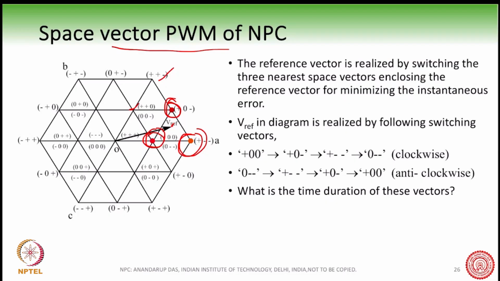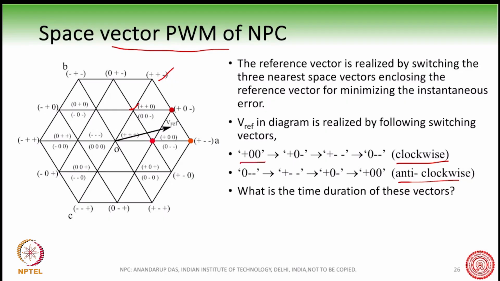So now the question is, suppose you go clockwise or anti-clockwise, like the two-level VSC, how will you switch it? If you do it this way, you can switch it like this.